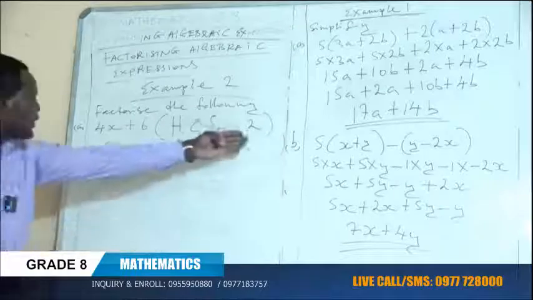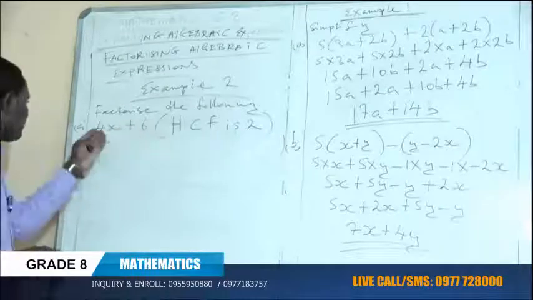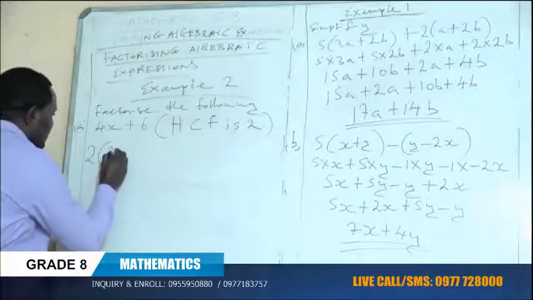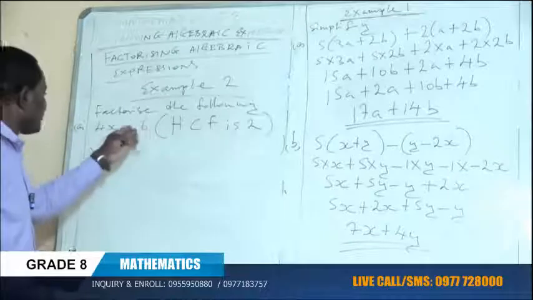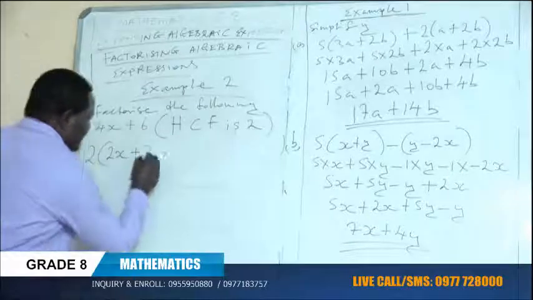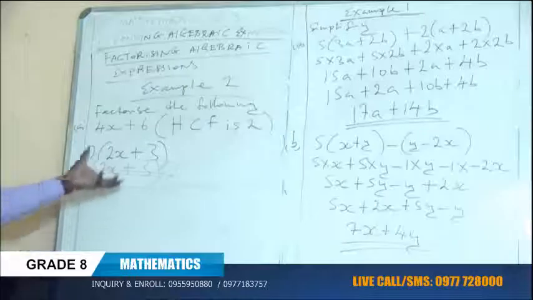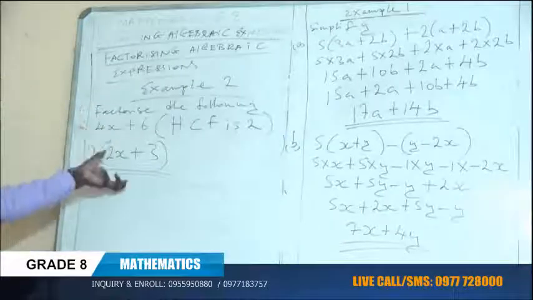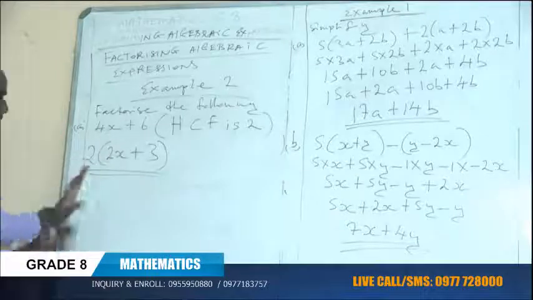We know that 2 can go into 4 without leaving any remainder. So 2 into 4, it will be 2, then x plus 2 into 6, it will be 3. So this will be our final answer. We have factorized this expression and we end here. It cannot be reduced any further.